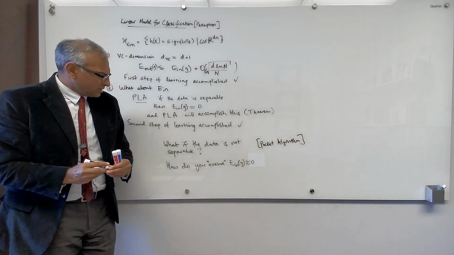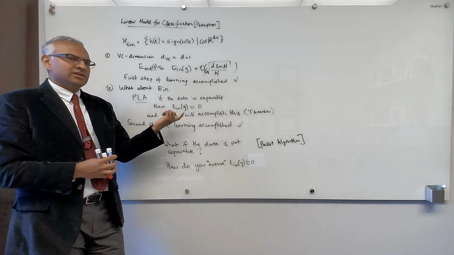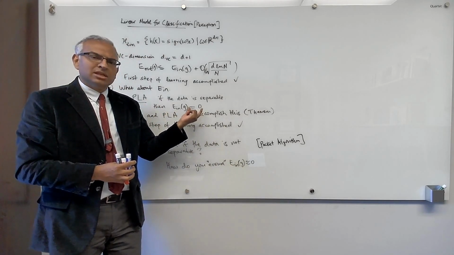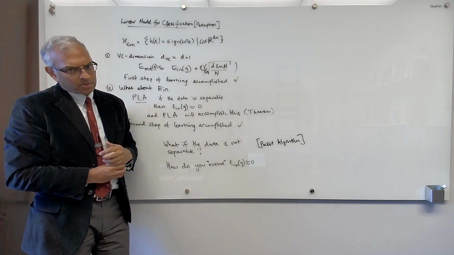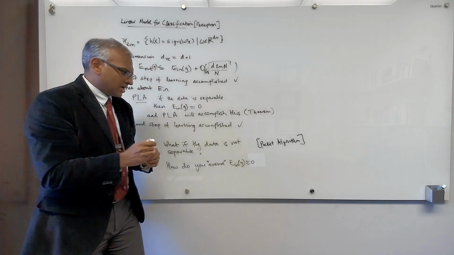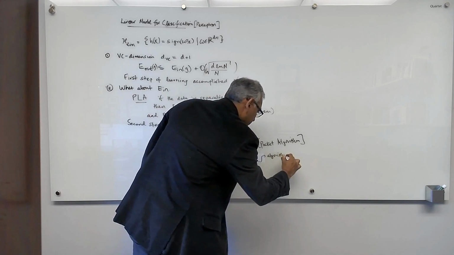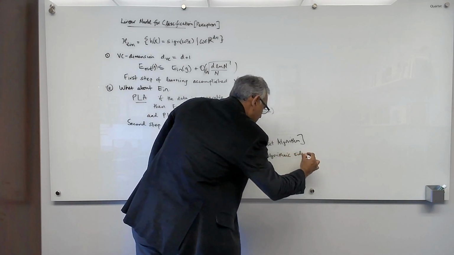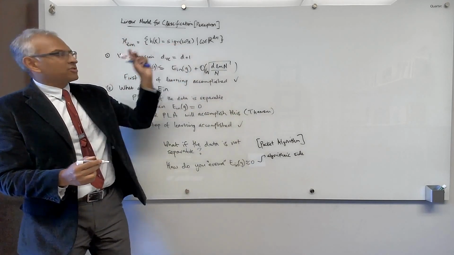And then, how do you ensure E in of g is close to 0? So this algorithm that tolerates error, does it necessarily go to the minimum E in that is available within this hypothesis set? No. So how do you ensure E in close to 0? There's an algorithmic side to that, which is for non-separable data, how do we get to the best hypothesis in this set?